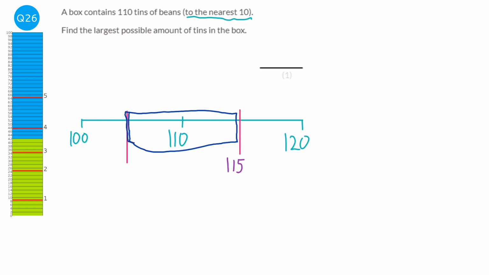So all the numbers that would have rounded to 110 would have been 105, 106, 107, 108, 109, 110, 111, 112, 113, 114. But if it was 115, it would have rounded to 120. So 114 is the biggest number it could have been before rounding to 120, and we know it didn't round to 120 because the question says it's 110 to the nearest 10. So our answer is 114.